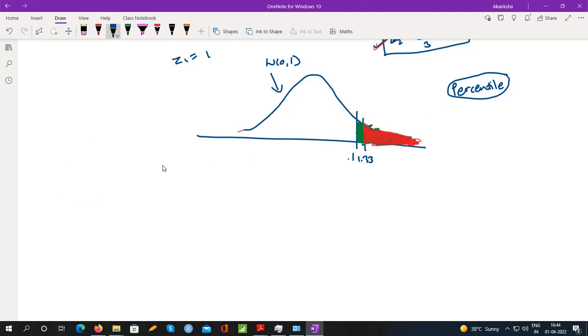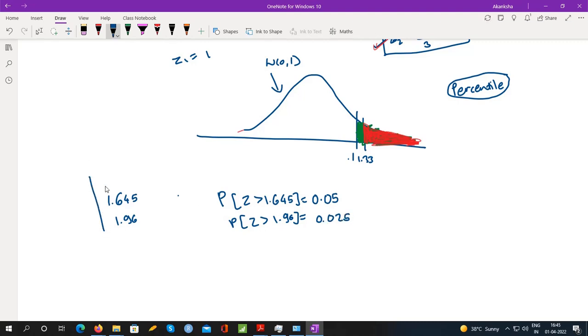In this curve, these values are important: 1.645 and 1.96. Why are these important? The probability of Z being greater than 1.645 is just 5%, so 0.05, and the probability of Z being greater than 1.96 is even half of that, so it is 0.025.